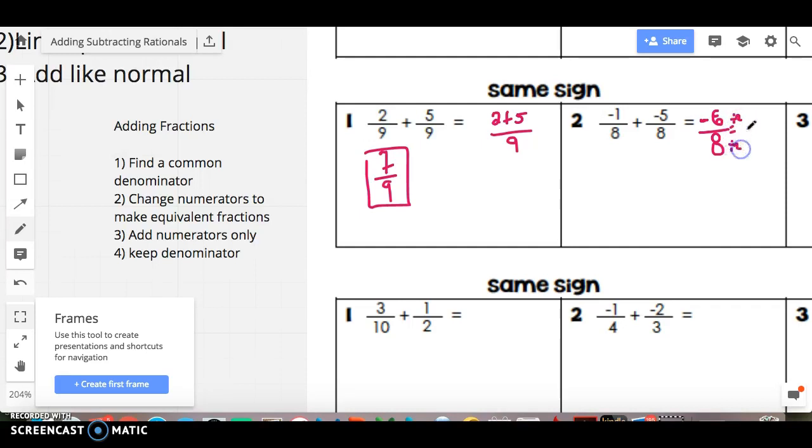The greatest common factor is 2. 6 divided by 2 is 3. 8 divided by 2 is 4. So I have the opposite of 3/4. So same sign. If it has the same sign, common denominator already, just add straight across and keep the signs.